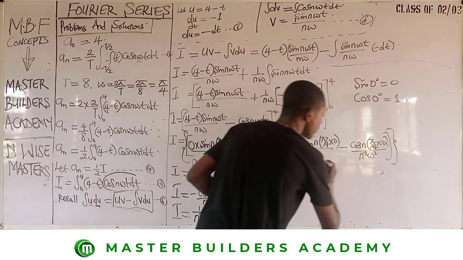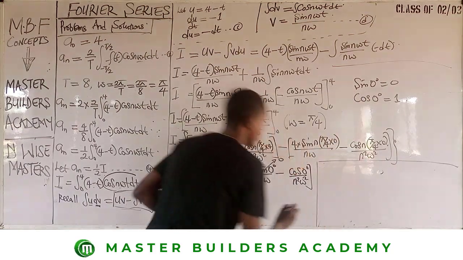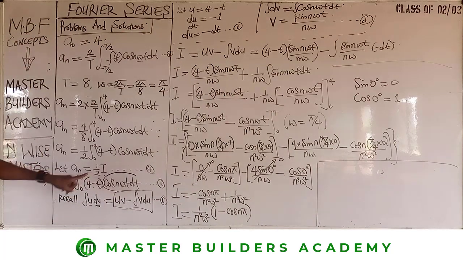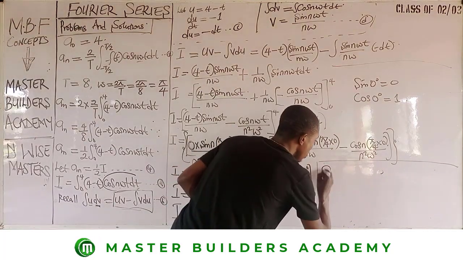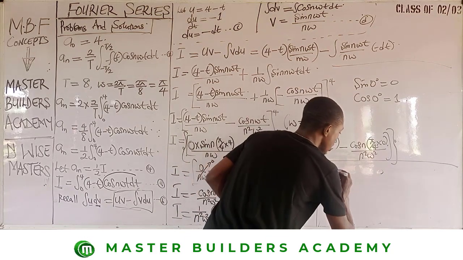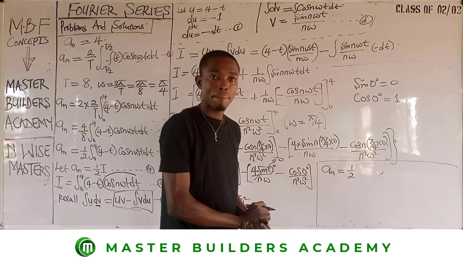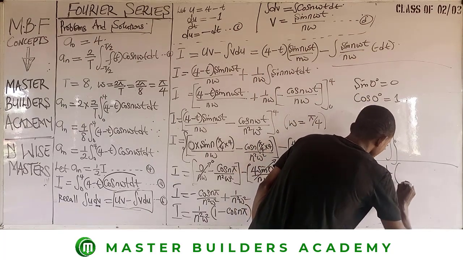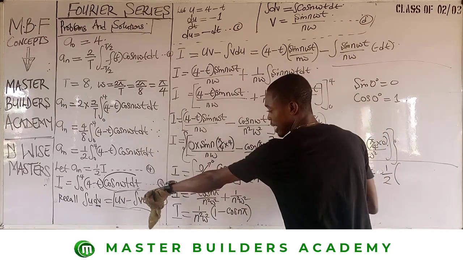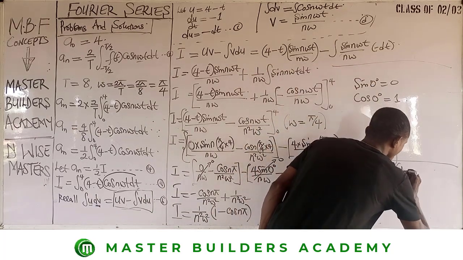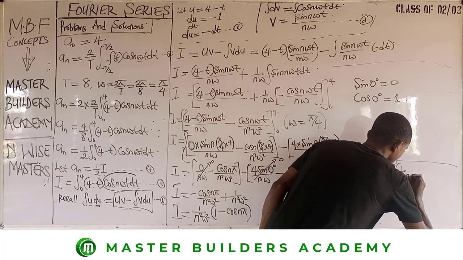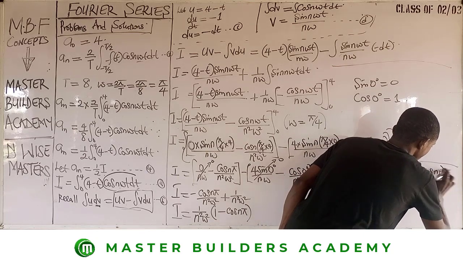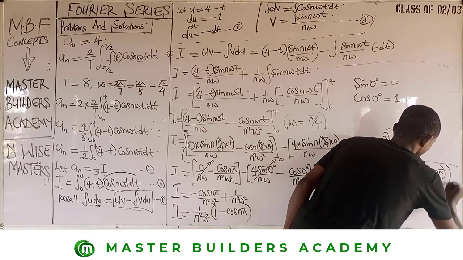So generally, for us to have found the value of an, remember we'll come back to equation 4. In our equation 4, recall that an is given as 1 over 2 into what is I? We just said now that I is equal to 1 over n squared omega squared into 1 minus cos n pi. Alright?